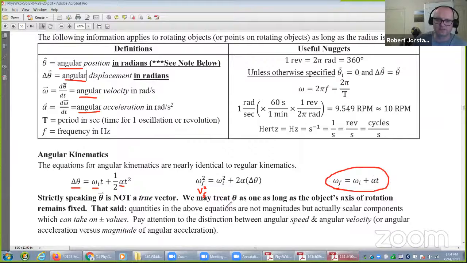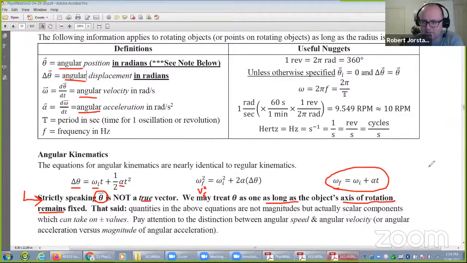Now, strictly speaking, theta is not a vector. It's not a true vector. It acts like a vector as long as, this is a big point to make, as long as the axis of rotation remains fixed.